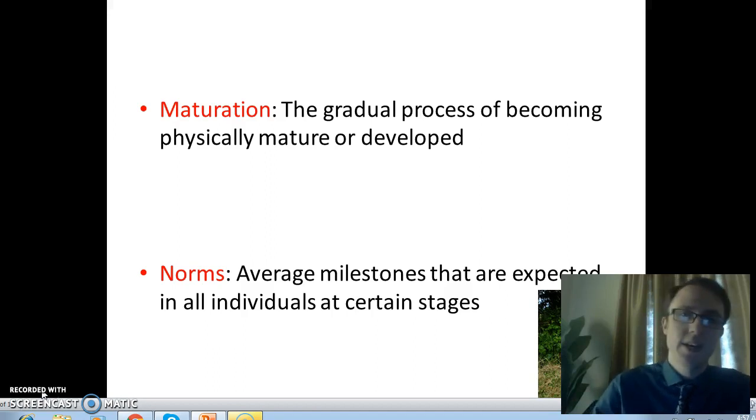When we're talking about development, a physical norm could be that a child starts to walk at about 11, 12, 13 months of age. A social norm we'll look at later could be smiling at about 6 months of age. So norm is short for what normally happens, and we can expect these things to happen at certain stages.